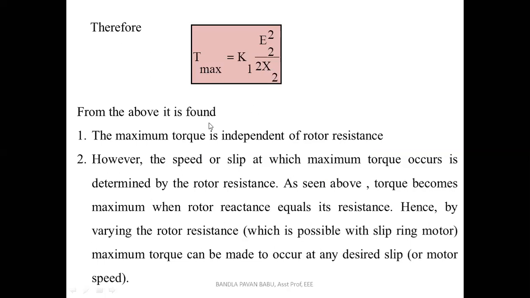Okay. From all these equations, what we have found, these are the conclusions. So very important part. The maximum torque is independent of rotor resistance, as we have seen there. Okay, I mean in standstill, the maximum torque is obtained, so that completely the reactance part there is no presence of reactance.